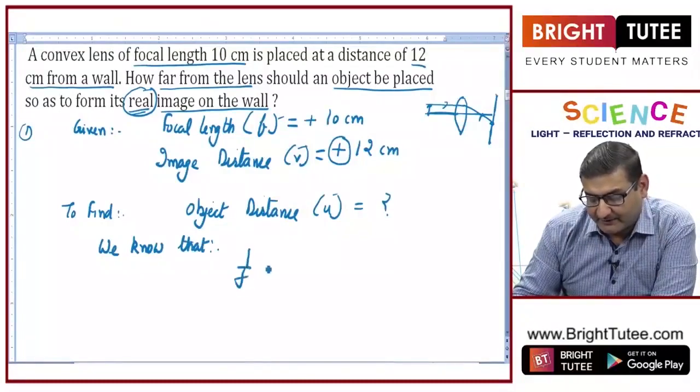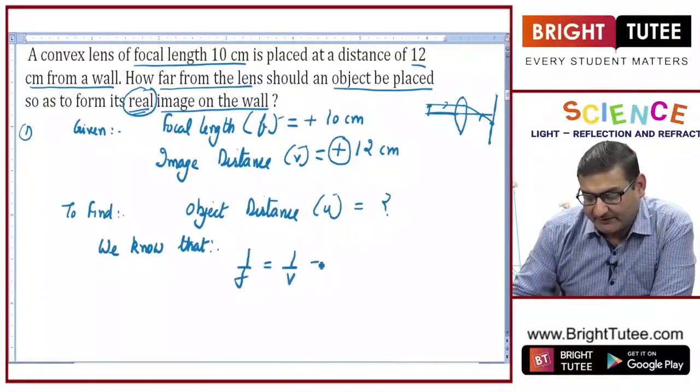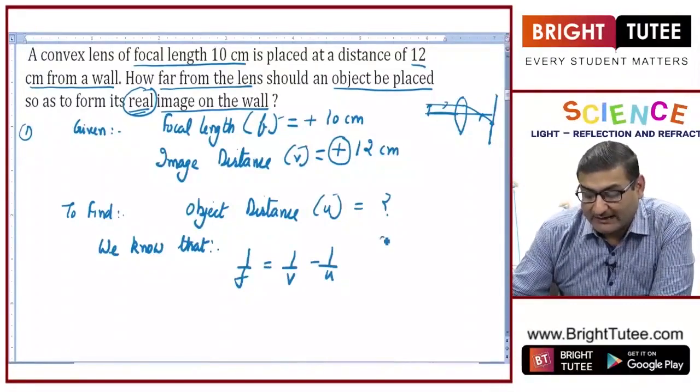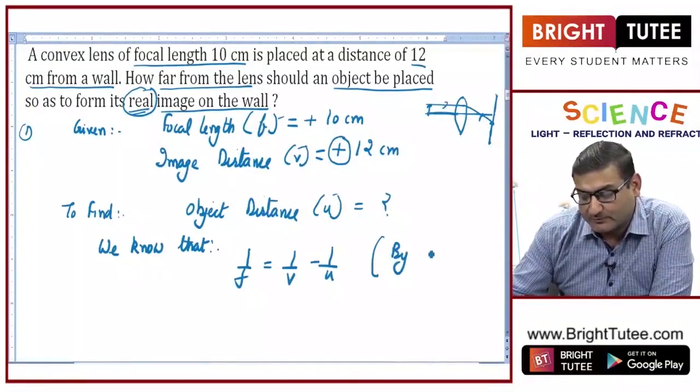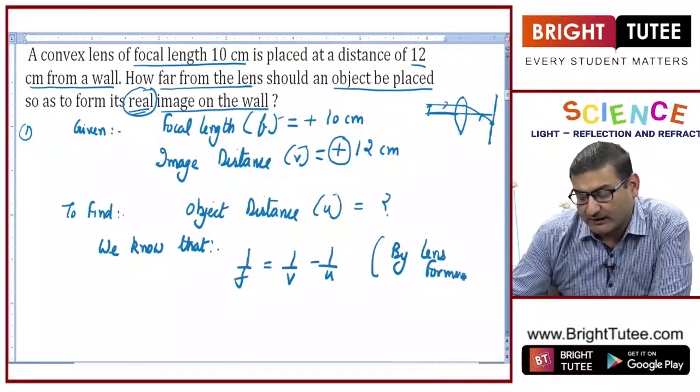1 by f is equal to 1 by v minus 1 by u. And how do we know that? We need to specify this is by the lens formula. Right?